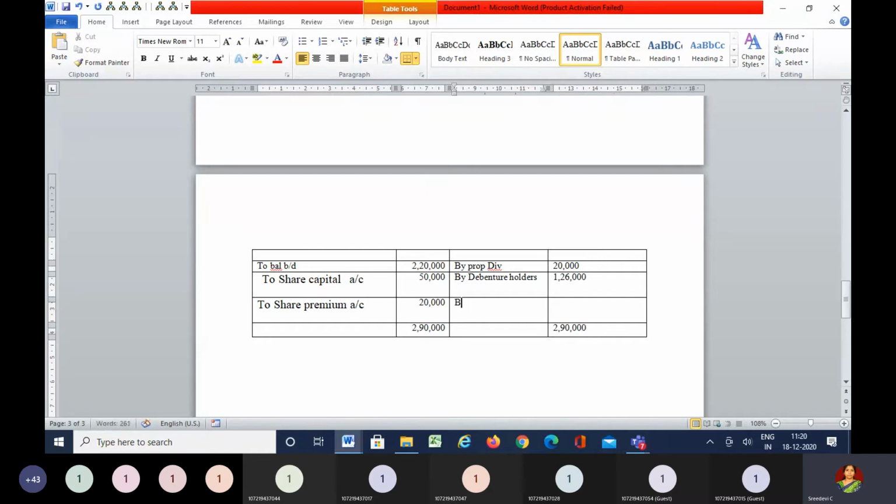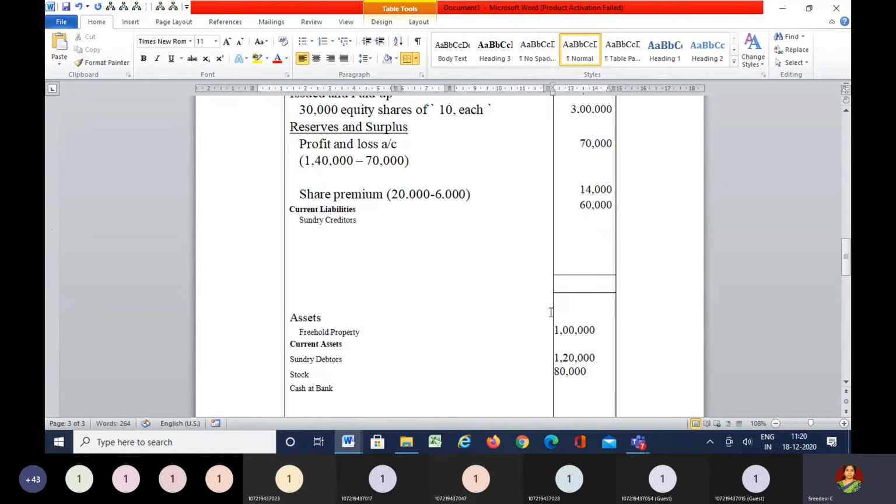So here it will be taken as by balance carried down. And the difference is 1,44,000. Okay, so here I'm taking the bank balance as 1 lakh 44,000.